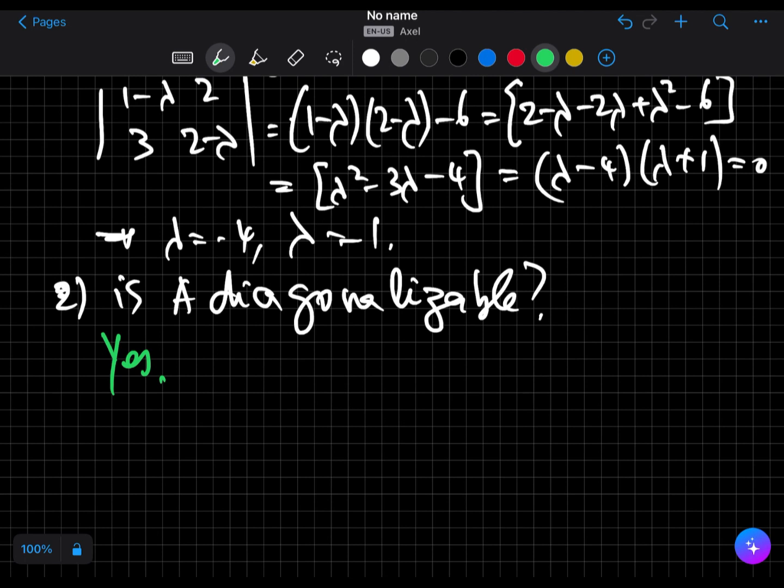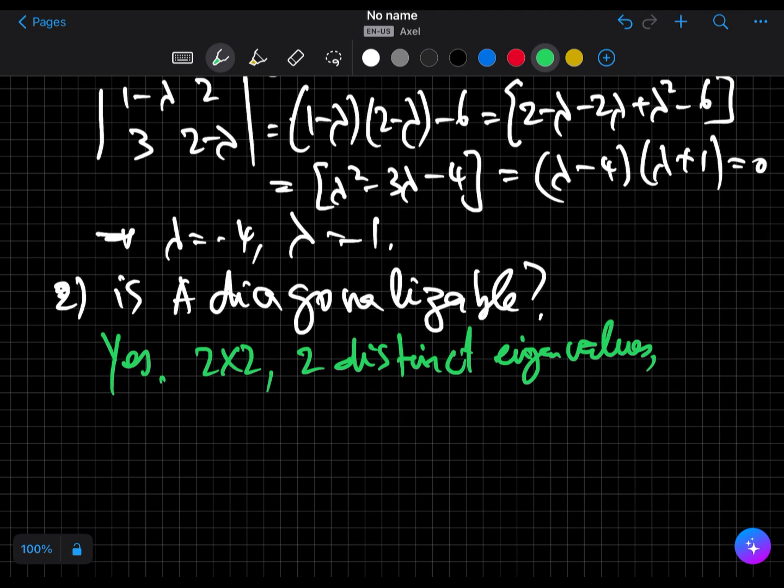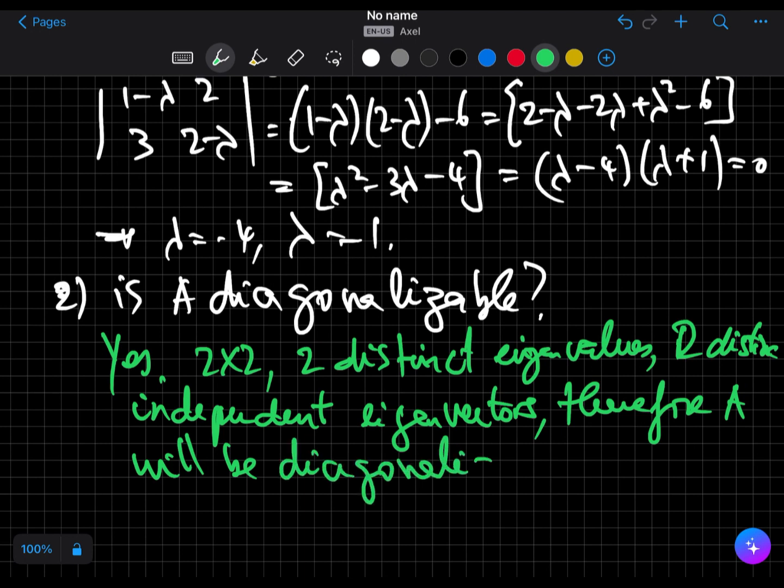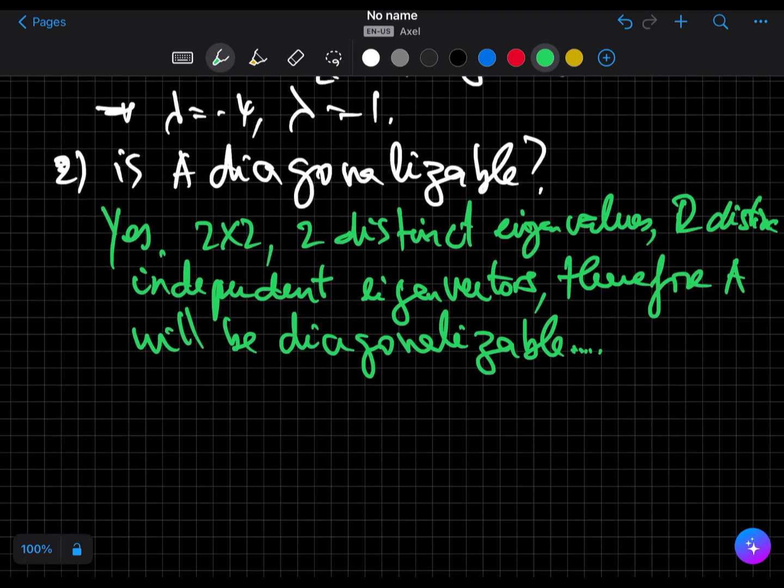Since A is a 2 times 2 matrix, right, and A has two distinct eigenvalues, therefore A will have two distinct independent eigenvectors, right? Therefore, A will be diagonalizable.